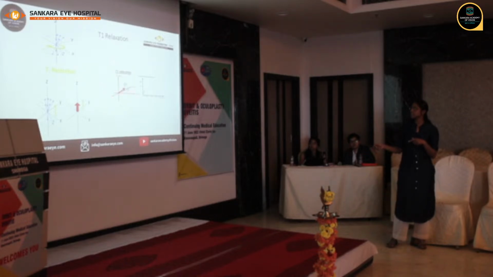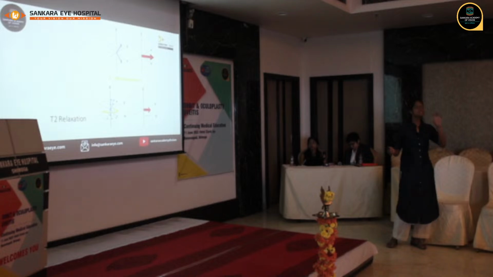The events and the energy changes during this phase, when you record them, will show as T1. And the same thing, I also mentioned that there is dephasing of the protons.